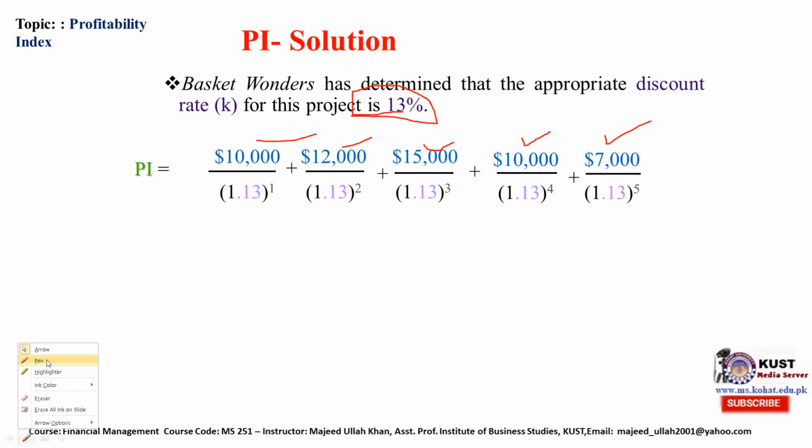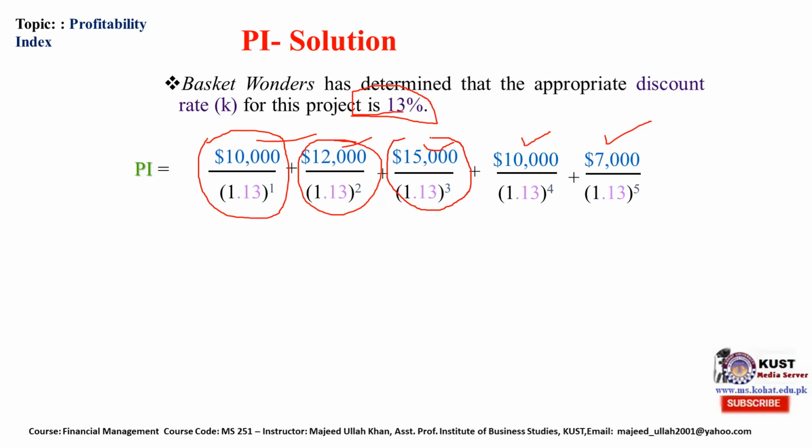The discount rate is 13%. So 1 plus 0.13 raised to the power 1 will calculate the present value of 10,000 for 1 year. 12,000 divided by 1.13 raised to the power 2 will calculate the present value of this 12,000 for the second year. 15,000 divided by 1.13 raised to the power 3 will calculate the present value of 15,000 for 3 years.